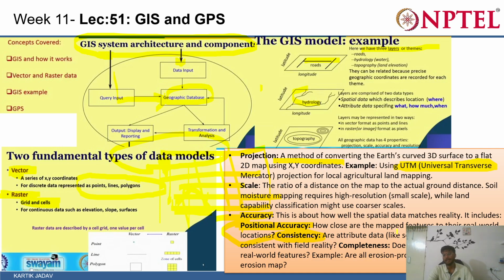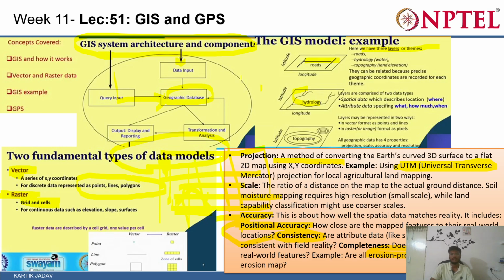Then we have completeness. Does the database contain all the real-world features? An example is whether all the erosion-prone spots are marked in the soil erosion map. How do we identify erosion-prone spots?